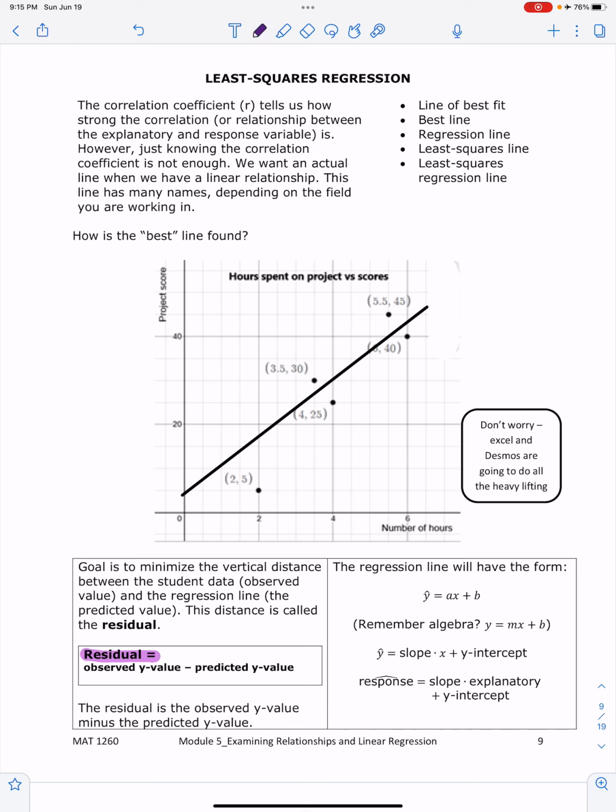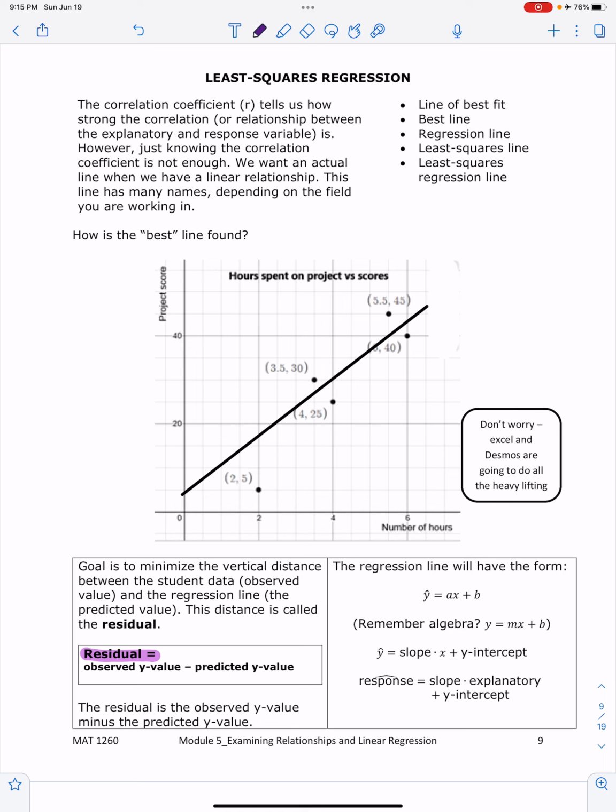So up here, if I have a line of best fit, I am going to use this point right here, the 4, 25. So this was 4 hours working on the project.